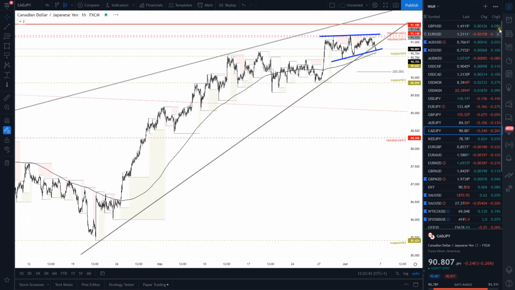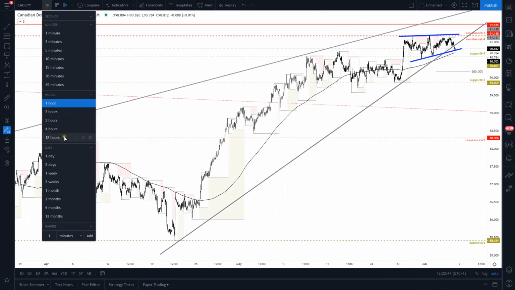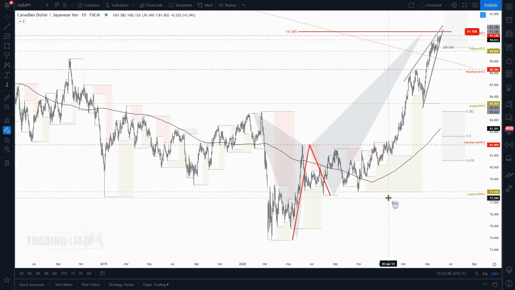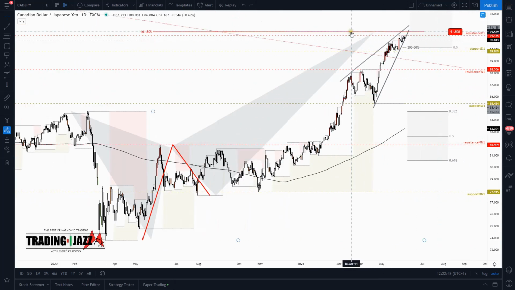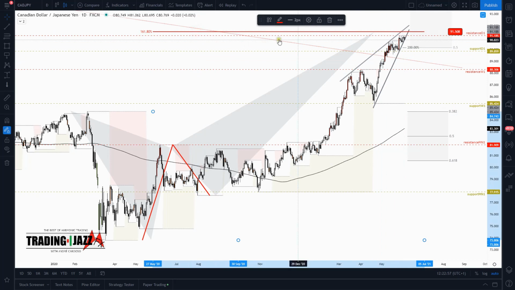The Canadian dollar, I was expecting a few points higher on the daily, so I was expecting 91.50, the bearish crab pattern completion point.